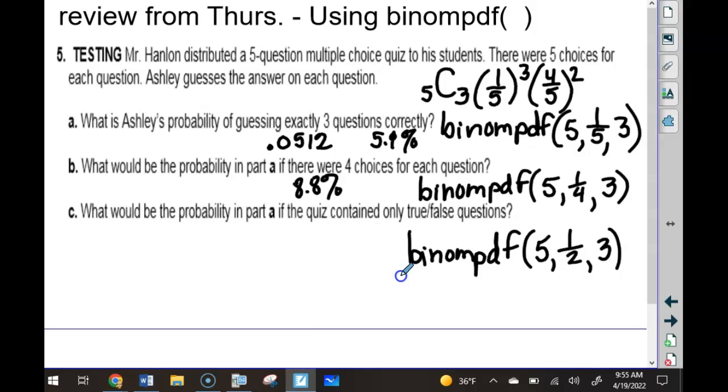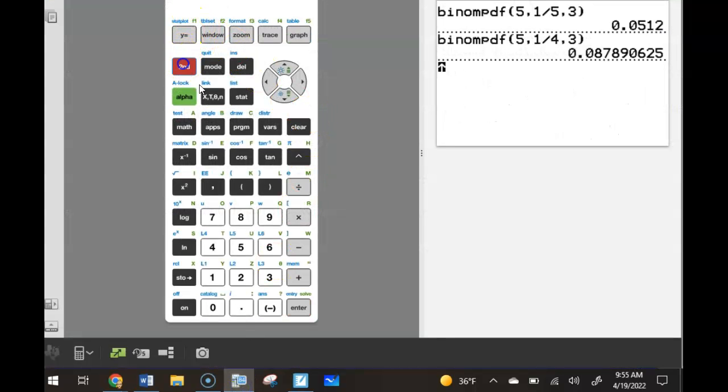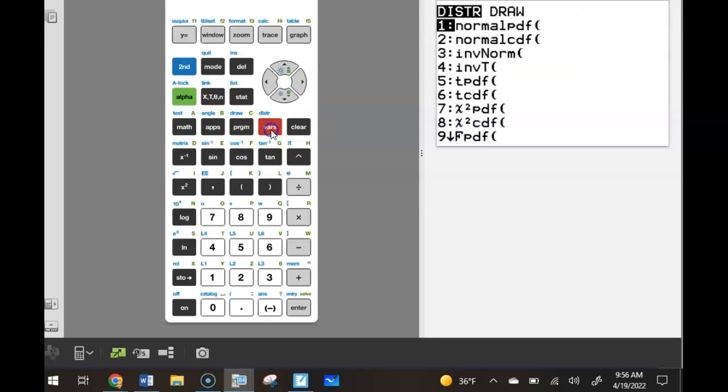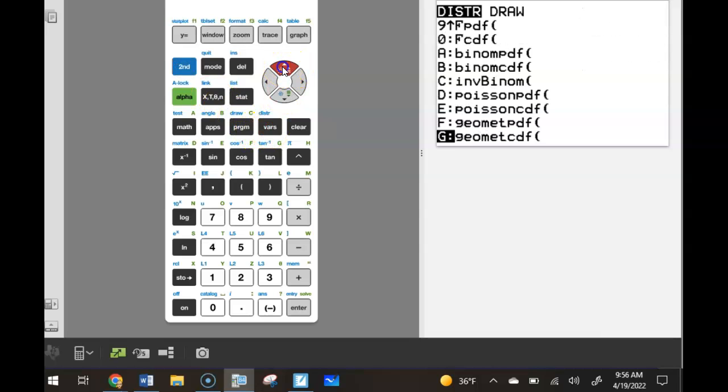It's still not a huge probability, but it's better. For you as a student, it's better. It's not better as a teacher if they can guess, but it went all the way up to 31% chance that she guesses 3 out of 5 correctly. Okay? So again, it's second vars, up or down arrow till you find that binom PDF.